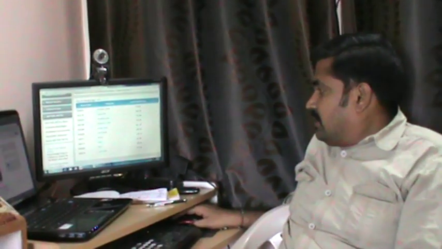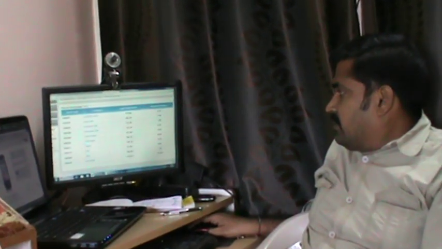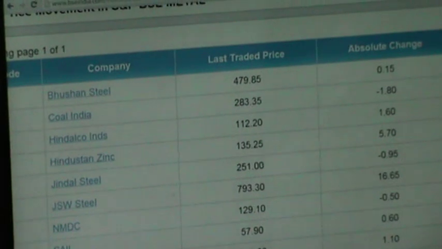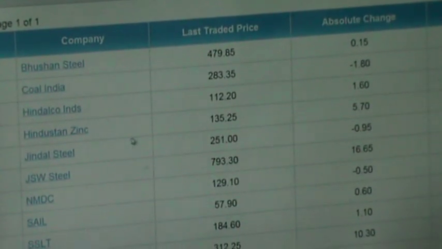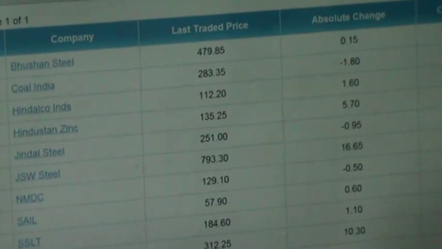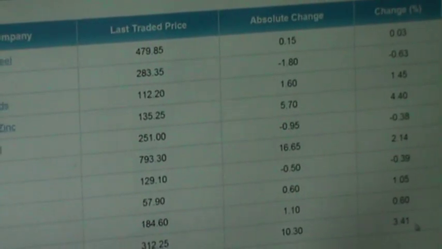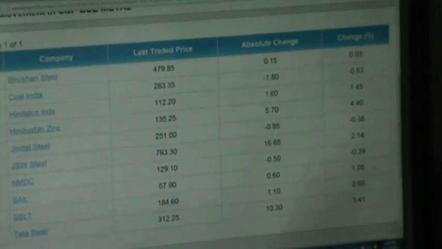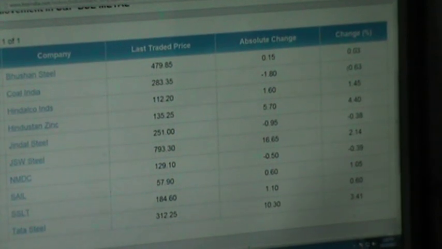Now you can see here what is performing the maximum. Just see in terms of percentage first, not in terms of net change. In terms of net change, Tata Steel is the most performing, but in terms of percentage, that is Hindustan Zinc, Hind Zinc 4.4%, then 3.41%, then 2.14% JSW Steel, and Coal India is not performing, it is in minus.